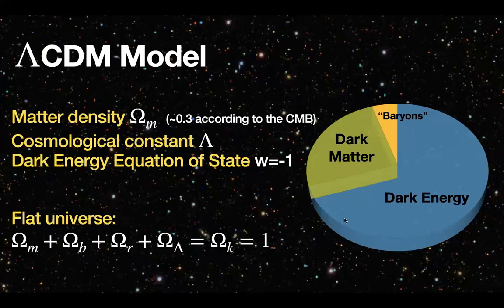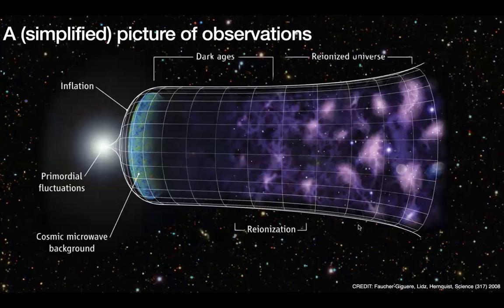This is the basic concordance cosmology model that has emerged over the last 30 years or so, with parameters primarily constrained by the cosmic microwave background. And so this implies a history of the universe, I'm sure you've all seen before, where we start off after the Big Bang with a period of inflation.